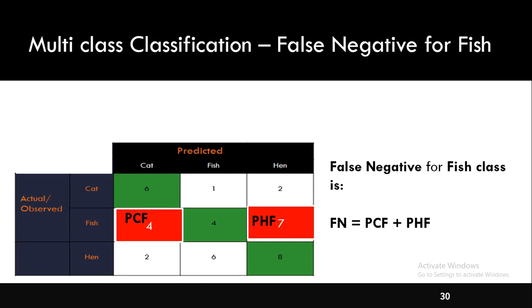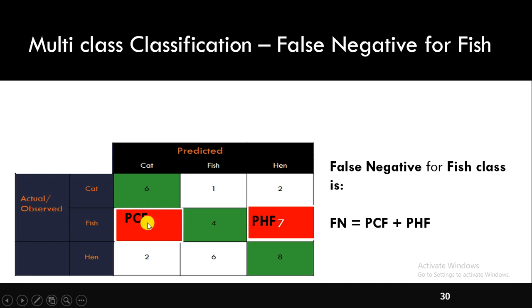Next, false negative for the fish class. In this case, if you look at these values, this is my true positive for the fish and these two are the false negatives, because the model negatively predicted them as non-events.